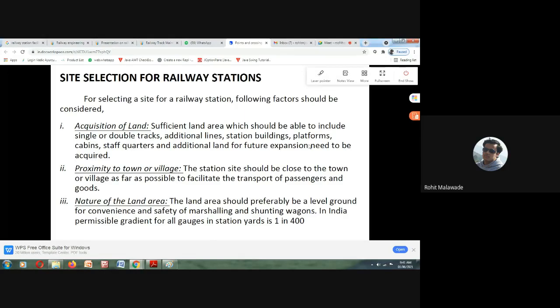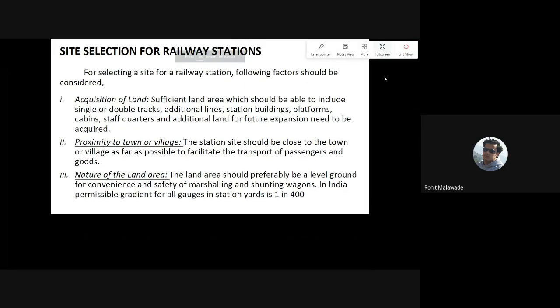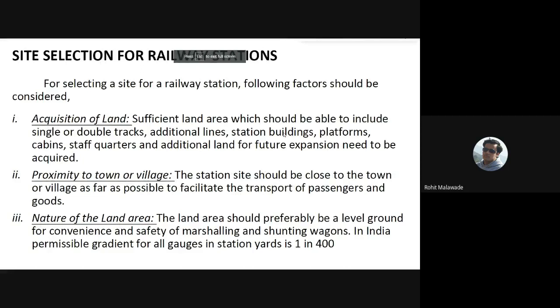Now we need to have the acquisition of land. Sufficient land area should be able to include single or double tracks, additional lines, station buildings, platform, cabins, staff quarters, and additional land for future expansion. We cannot have the railway station wherever we want.